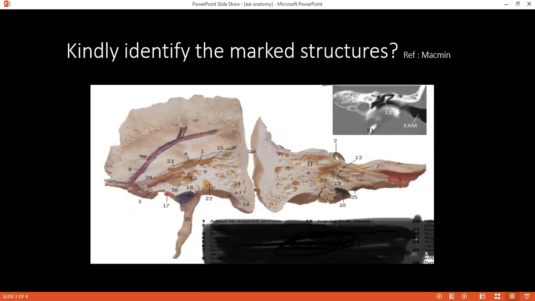Can you identify the bone? You can have help, everyone can help. Is it the petrous?